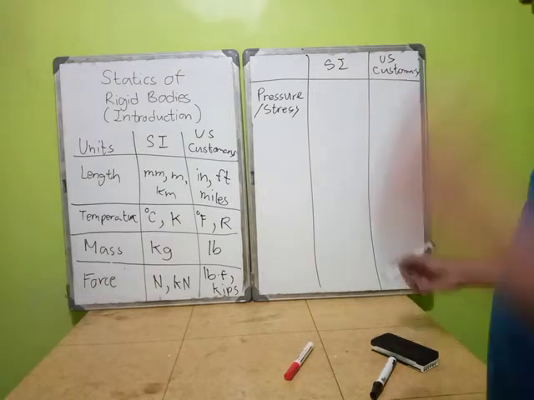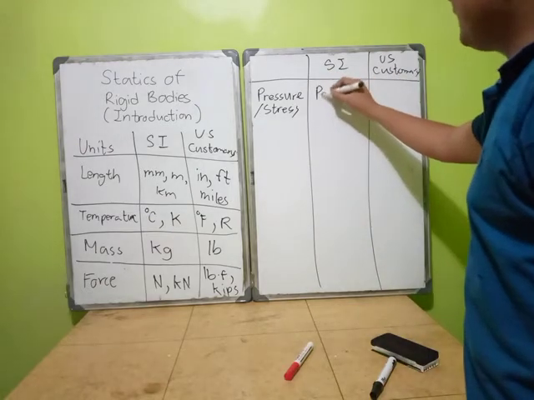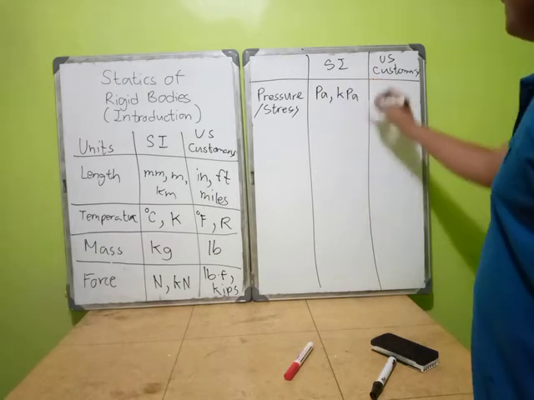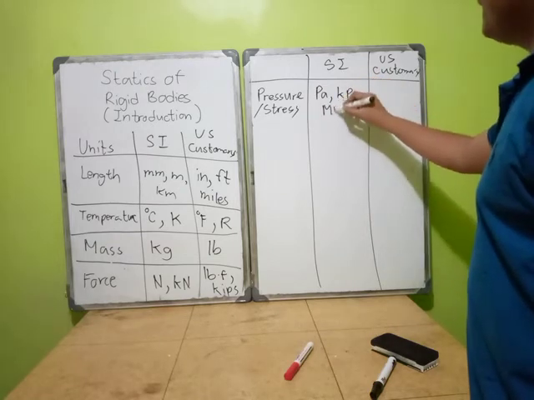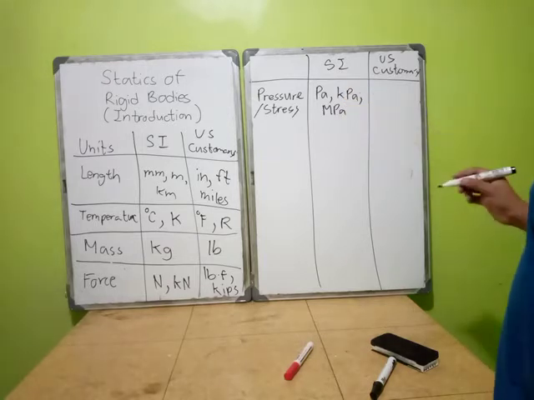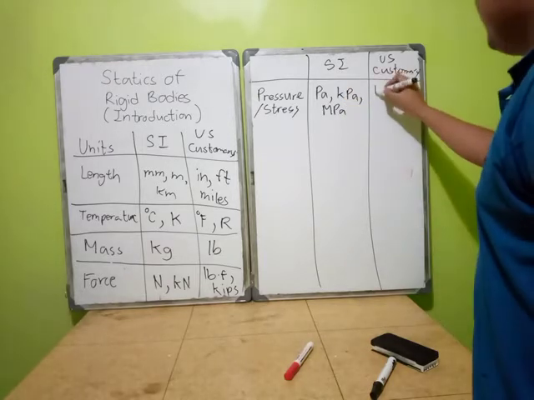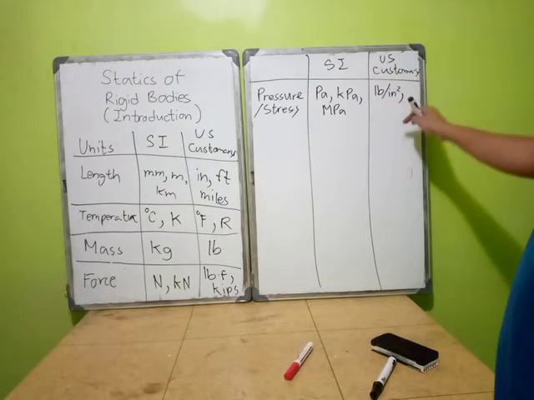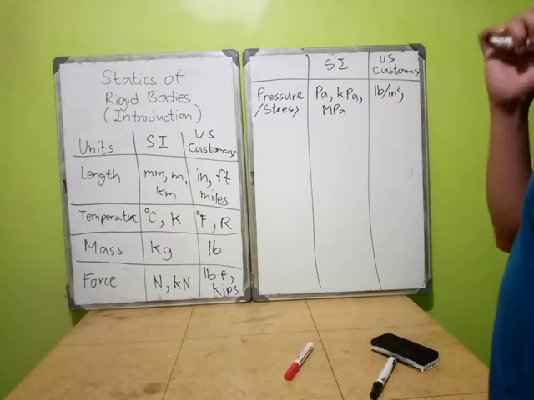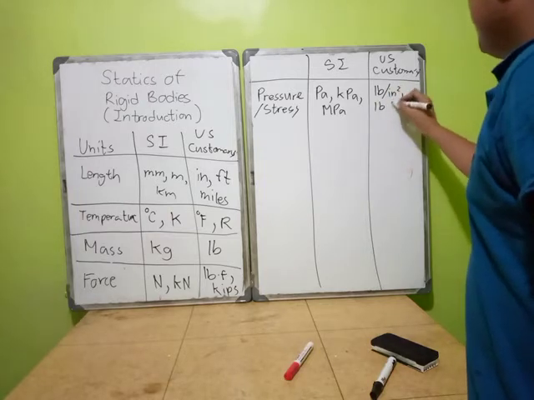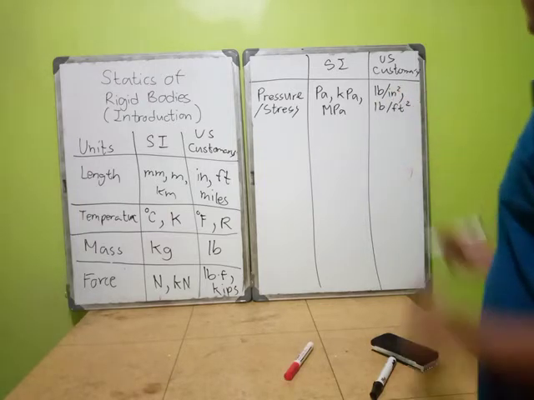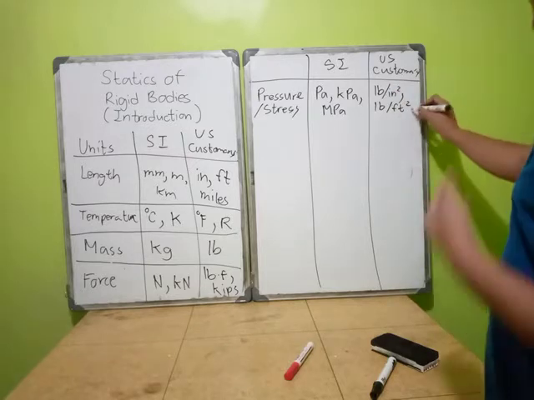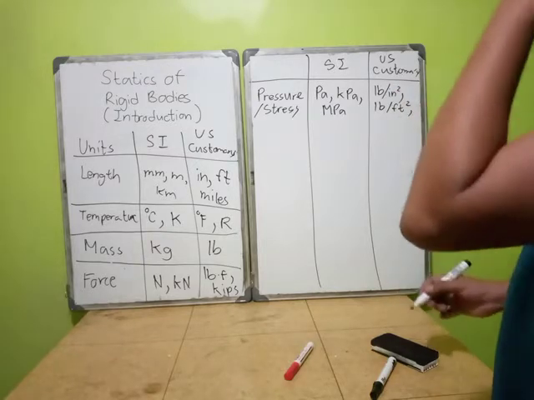Sa SI, gumagamit tayo ng pascals, kilopascals, megapascals. Sa US customary, yung madalas ginagamit is pounds per square inch, or libra per square inch. And then, libra per square foot. Yung libra per inch is also called PSI.